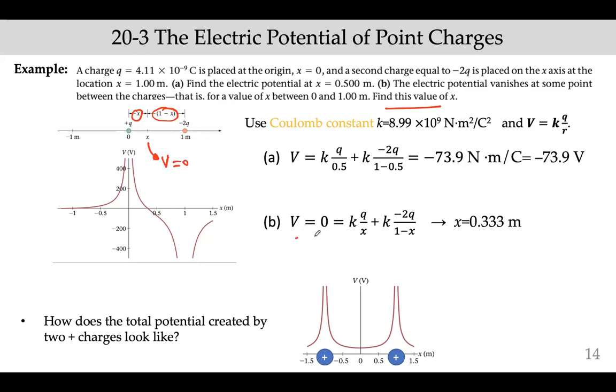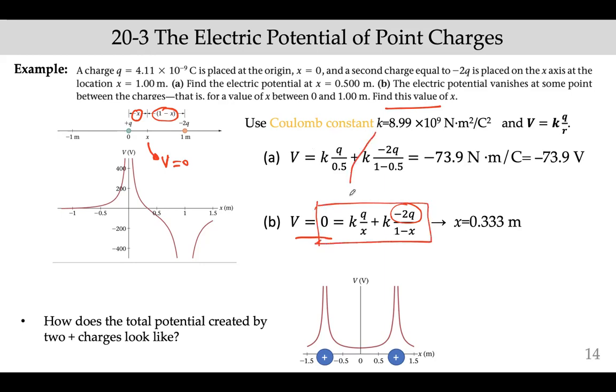So we will equate potential to be 0. The potential, of course, has contributions from both charges. The contribution from the plus charge is kq divided by x. This distance is x. And from the negative charge, it's k times negative 2q divided by the distance, and now this distance from the negative charge to this point is 1 minus x. Now, what we have to do is just solve this equation.